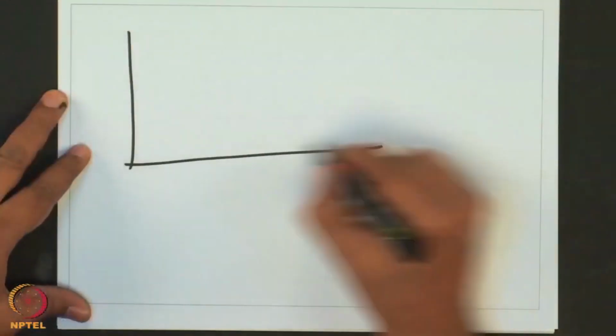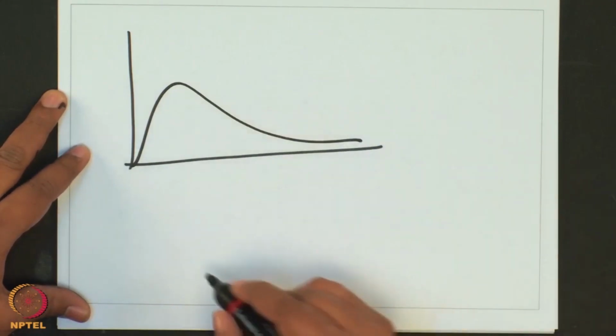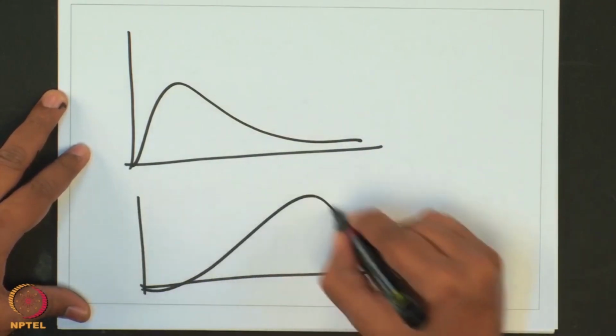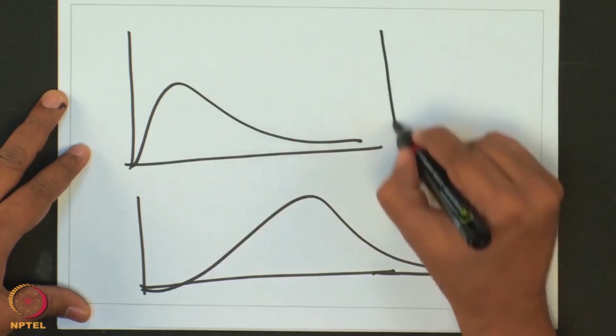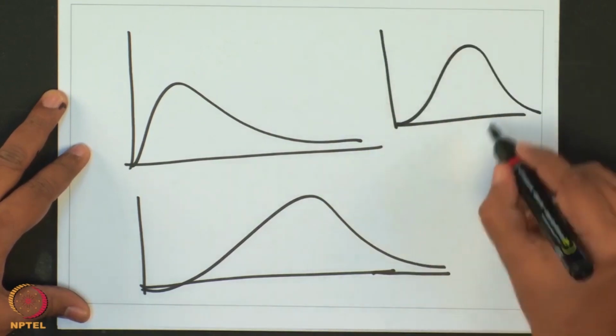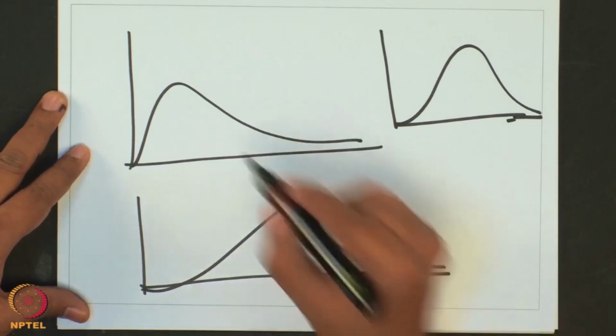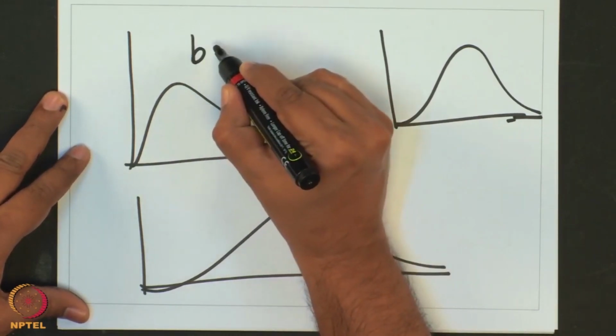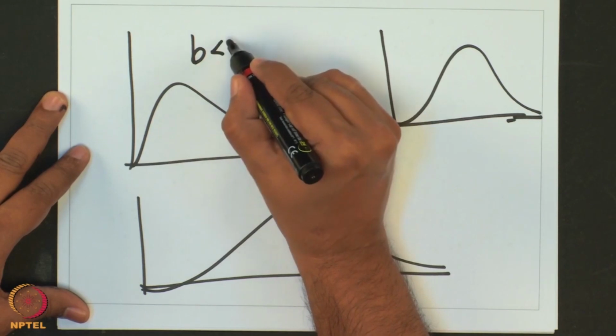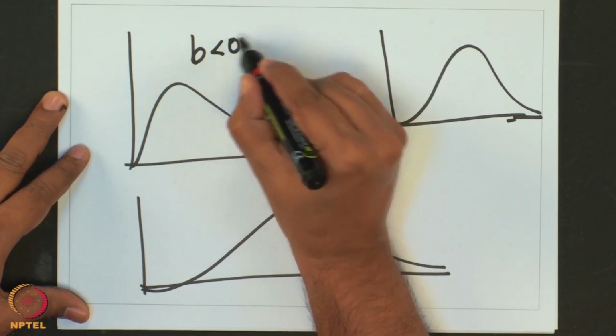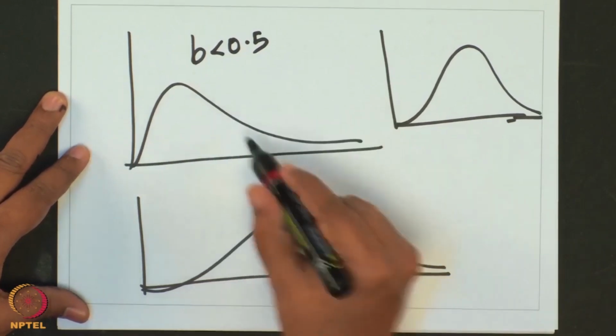So that gives us P of k, and the plot of P of k would depend on how biased it is. You could think of a P of k like this, or like this, or like this. Depending on the bias, if B is much smaller than 1, smaller than half, you would think of this way.